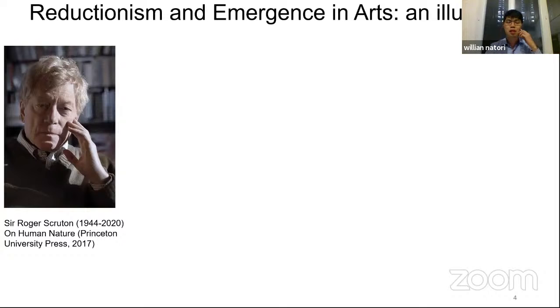So let me now start by talking in the most general way possible about reductionism and emergence in general. Let me quote an illustration by this London-based philosopher, Sir Roger Scruton, who unfortunately passed away last year.